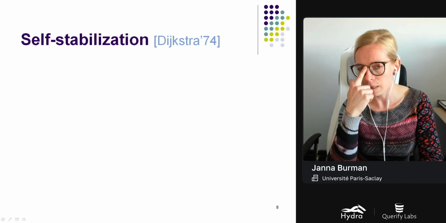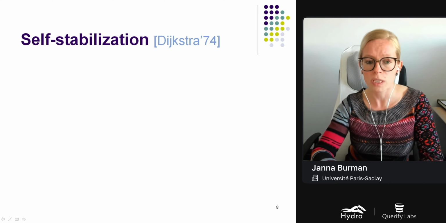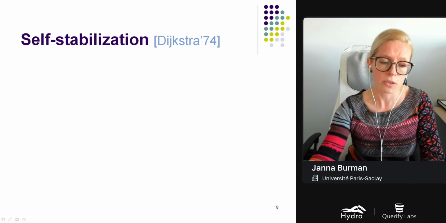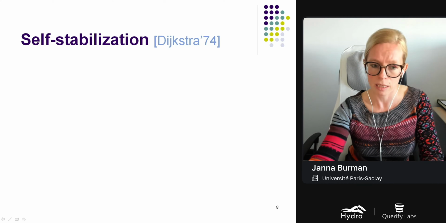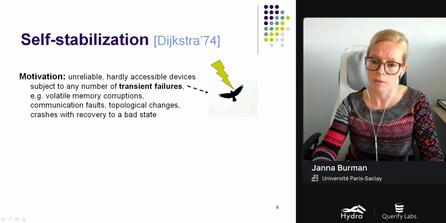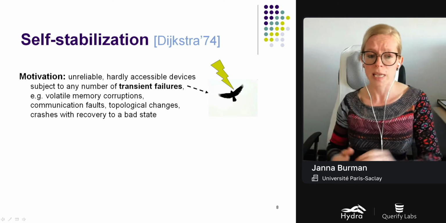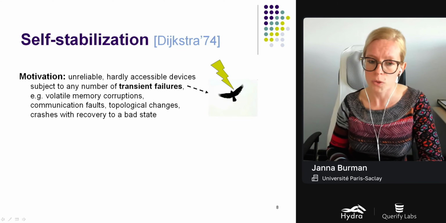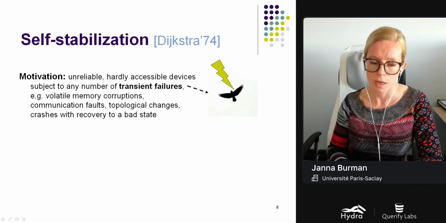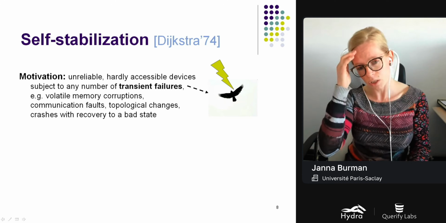And now, what does self-stabilization mean? This is an approach to deal with failures, with unreliability in the system, or it is also good for systems where the devices are hardly accessible, or subject, more precisely, to any number of so-called transient failures. Transient failures are failures like memory corruptions, corruptions during communication, or even topological changes.